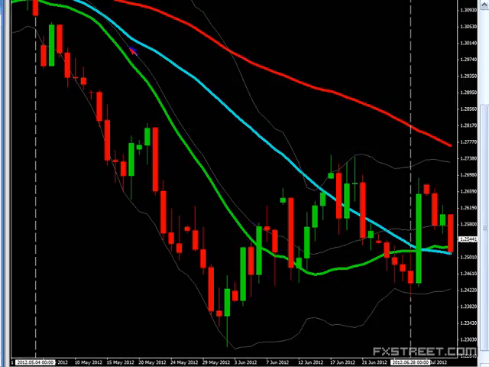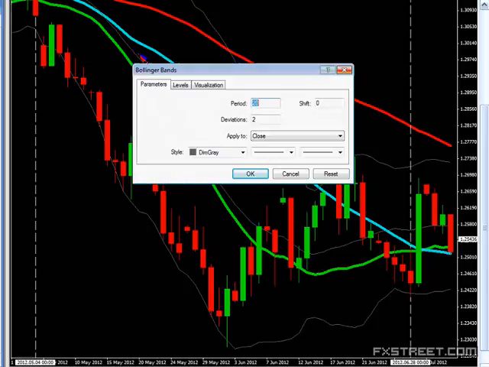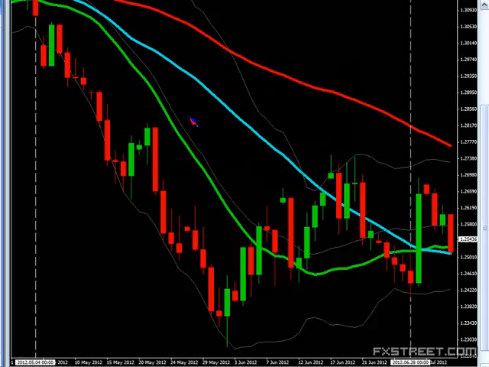Now, you'll notice that over here, you might say, well, hold on a second, the Bollinger Bands don't match up exactly with the 20 simple moving average. There's a little bit of a different calculation involved. Oh, I'm sorry, this is why.